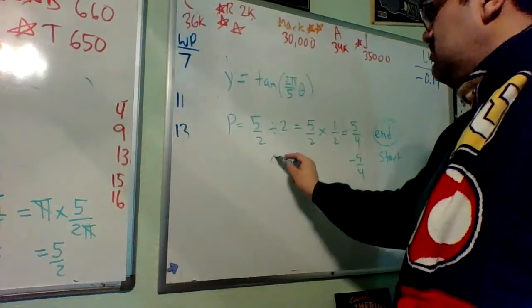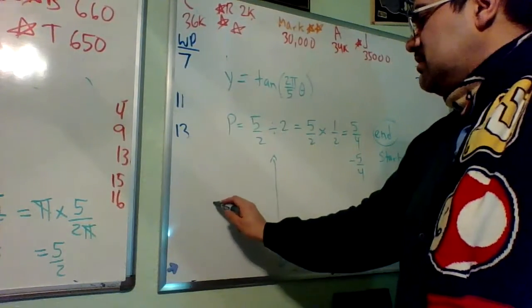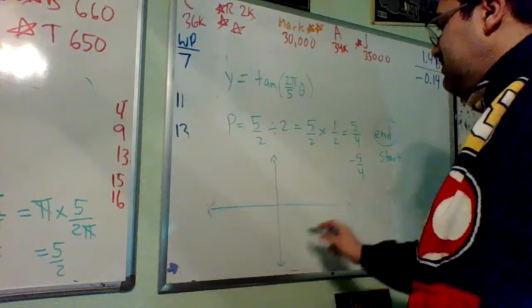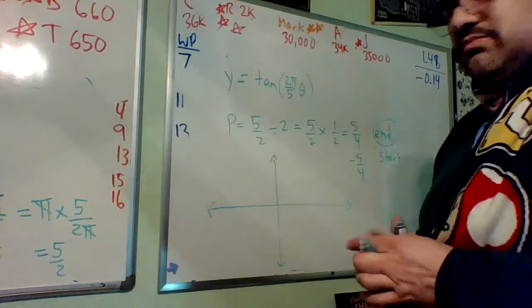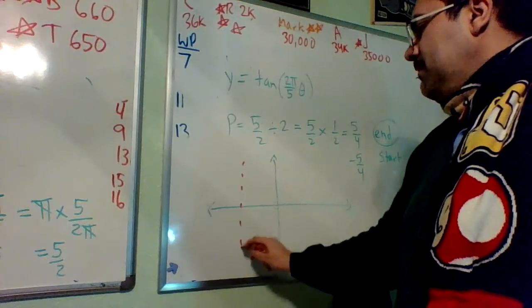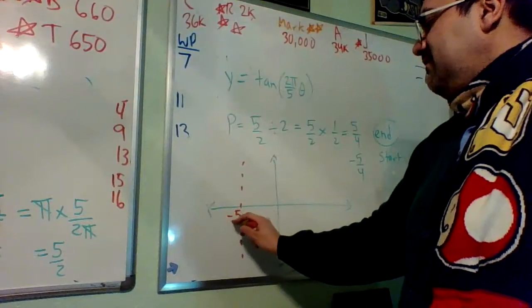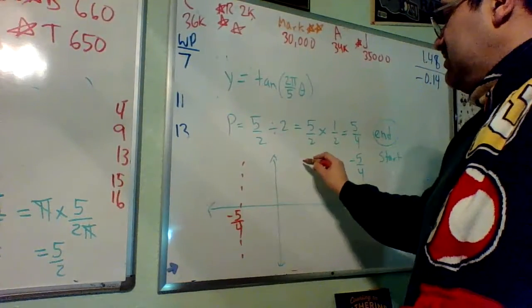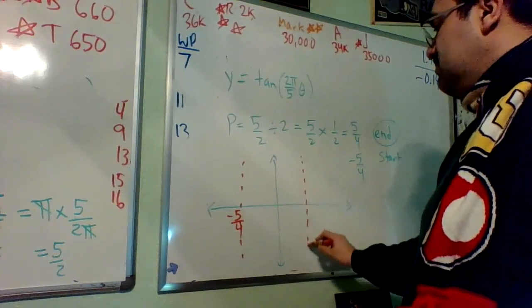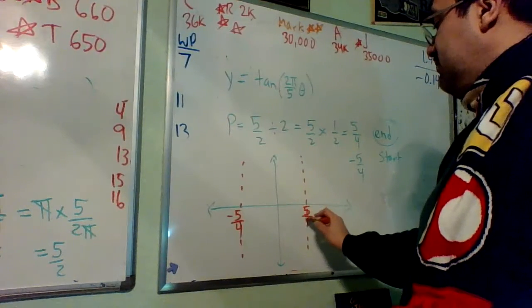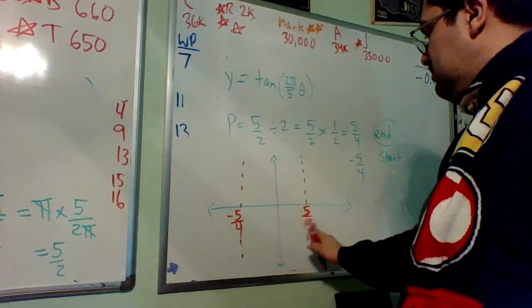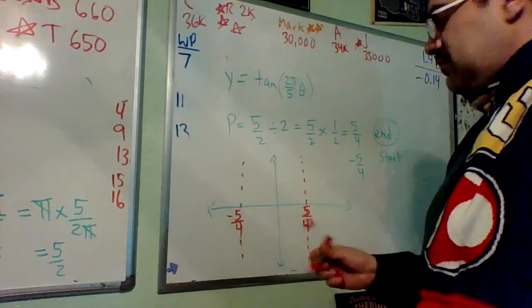Now we know that we have this. Let me switch colors so it can pop a little more. This one is negative 5 over 4. I have another one over here, symmetrical, which is 5 over 4.